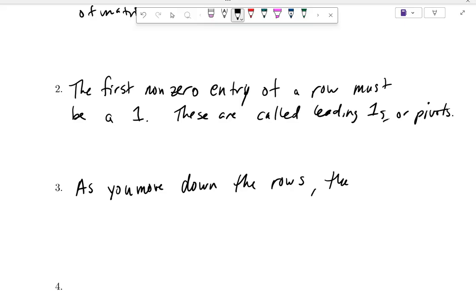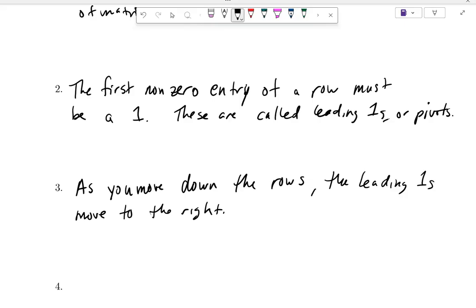Those are names that we give those. As you move down your rows, the leading ones move to the right. They stair step, basically, right? And that's that triangular idea, isn't it, that we talked about. We got a 1 for the x's, and then we got a 1 for the y's, and then we got a 1 for the z's. And we got zeros below it as we went.